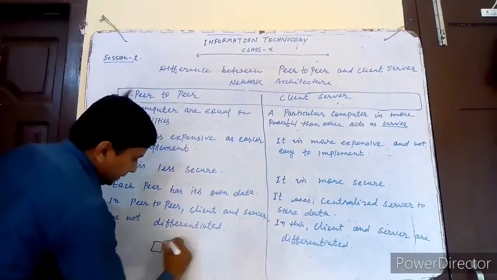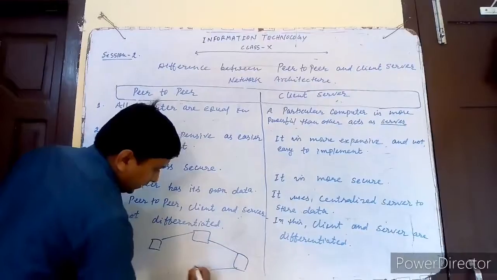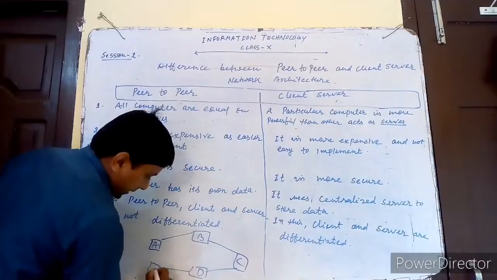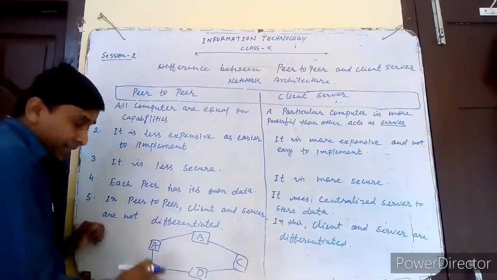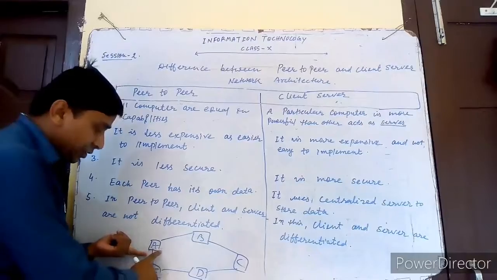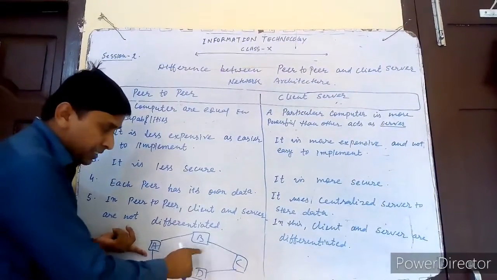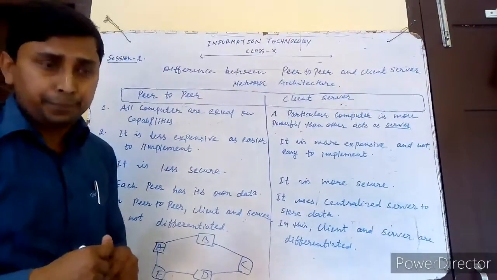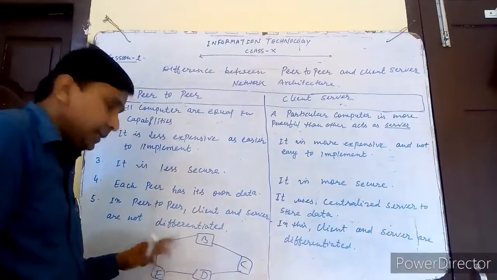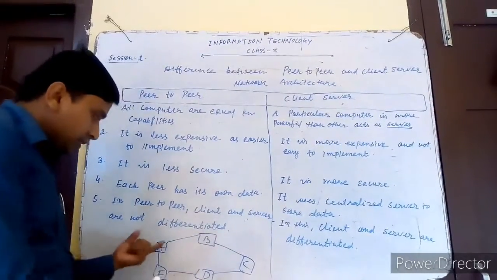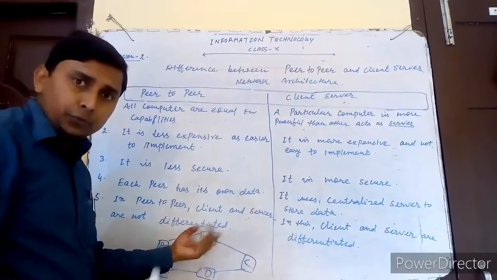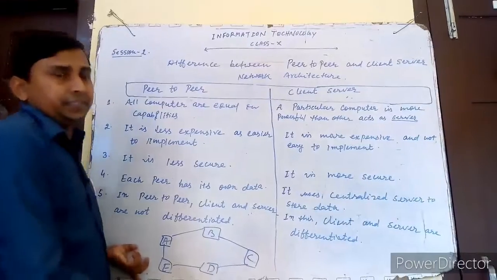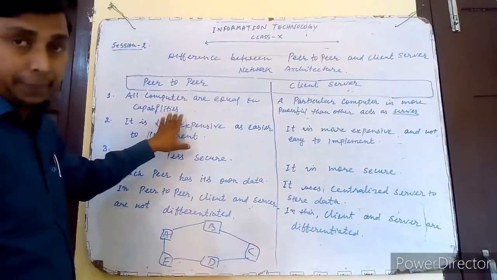That means in peer-to-peer networks all are connected, and as much capability as A has, that much B, C, D and E have. Every node has storage capability and processing power; everything which is in A is the same in B. All are clients and all can communicate with each other. All computers are equal in capability.